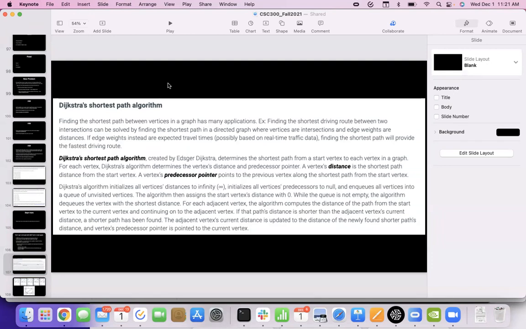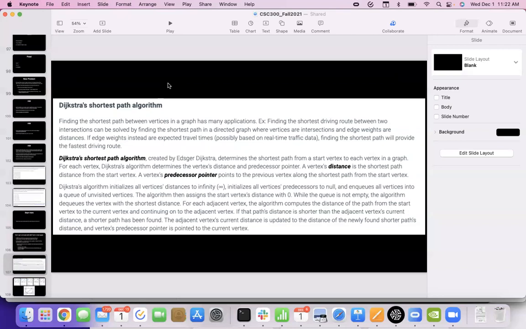But Dijkstra's algorithm itself is only solving the problem of what is the shortest path between point A and point B. In our example, what's the shortest path between town A and town B, given that we might have the ability to travel through some other towns to get there? That's what this is effectively solving for.